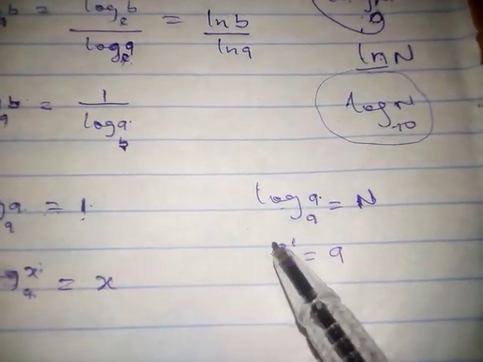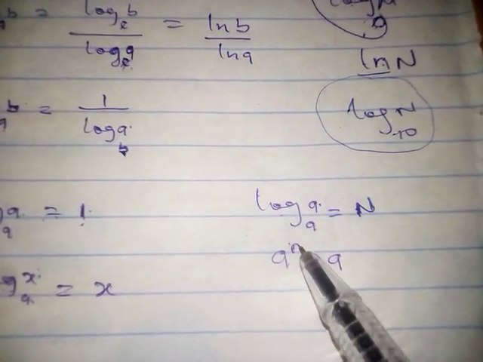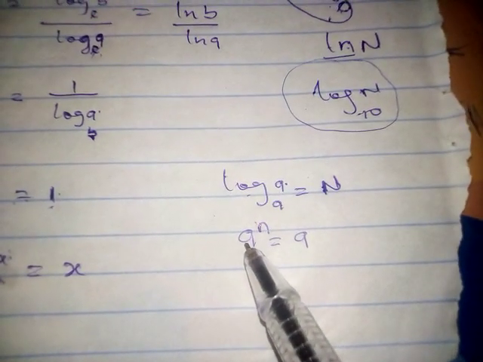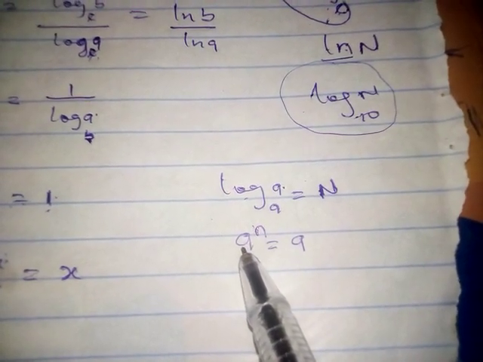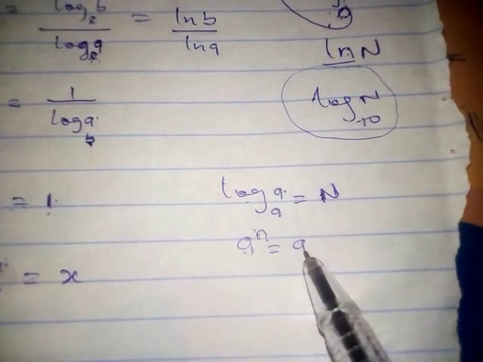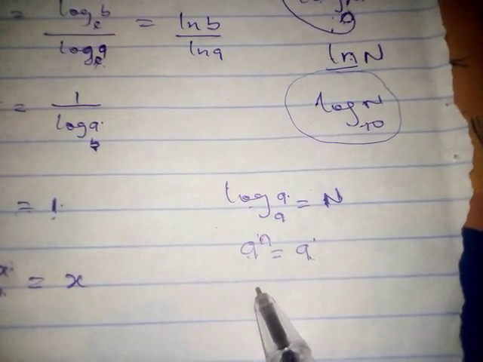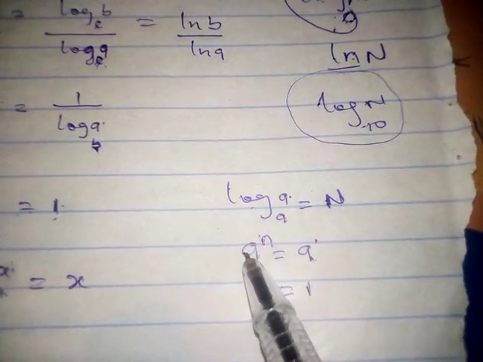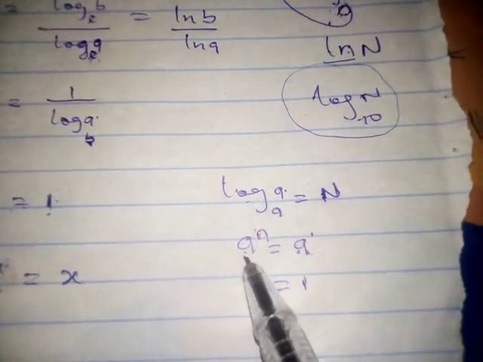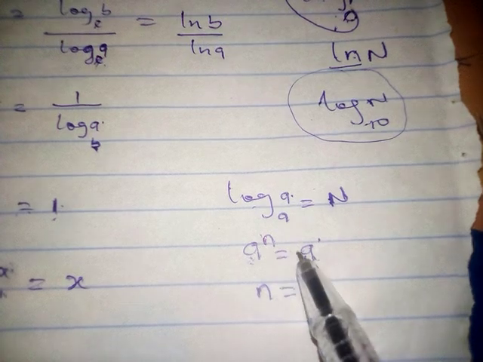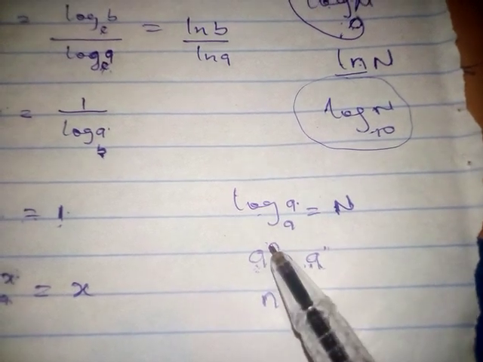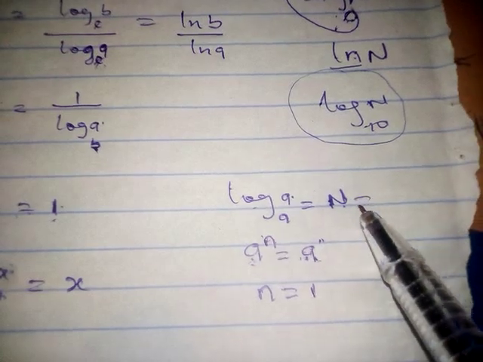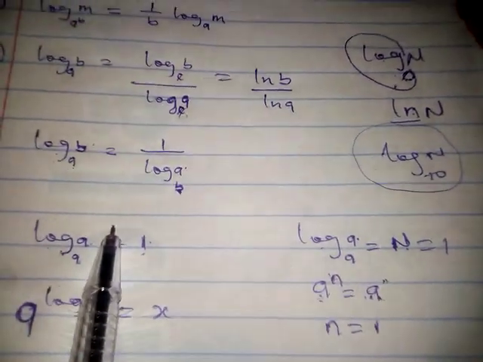So log a with base a is n, which means a raised to the power of n equals a, which is a raised to the power of 1. What does this imply? That n is equal to 1, because these two are equal. Therefore your n here is 1. So we have proven this one.